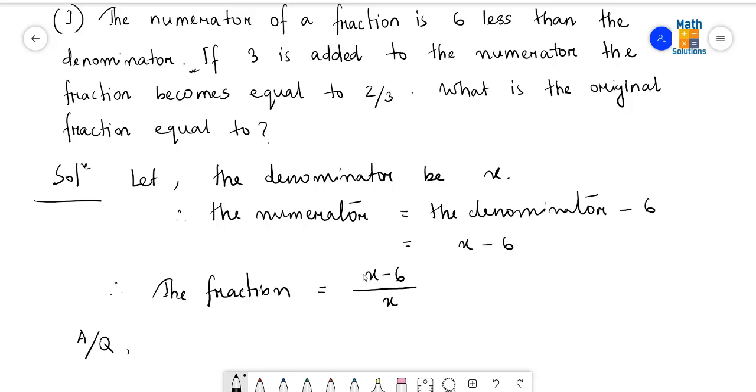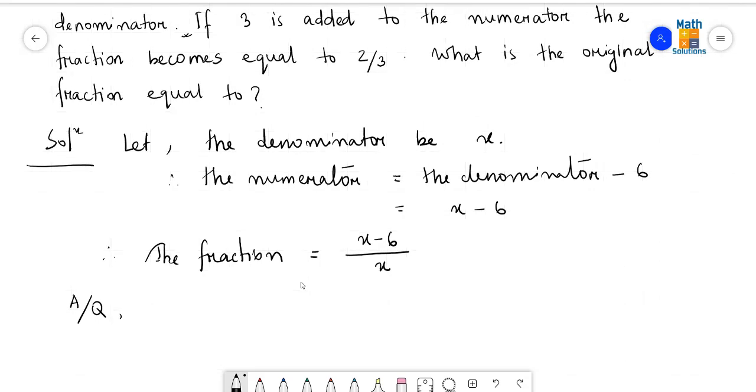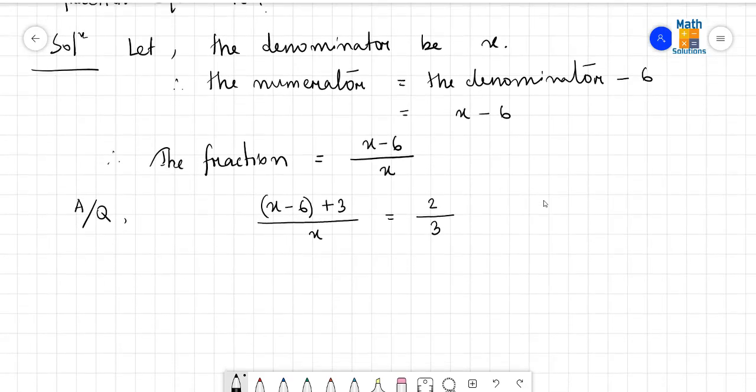So in the numerator, along with the numerator which was initially present, we add 3, and the denominator will remain as it is. There will not be any changes in this part, and this results in 2 by 3. So this is the main equation which we have to reduce to get the value of x.